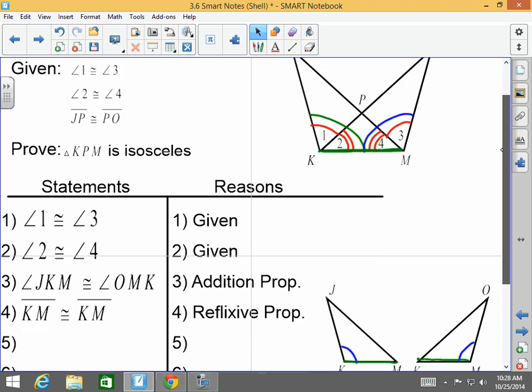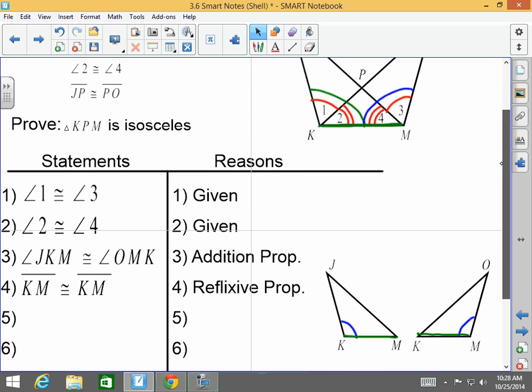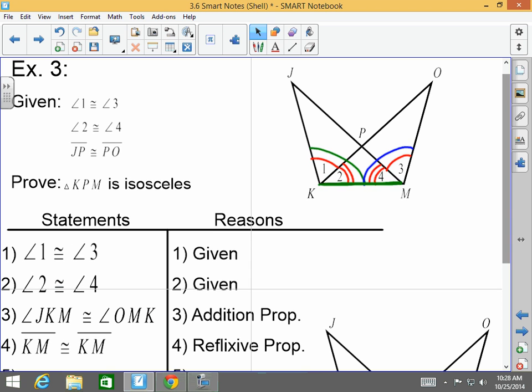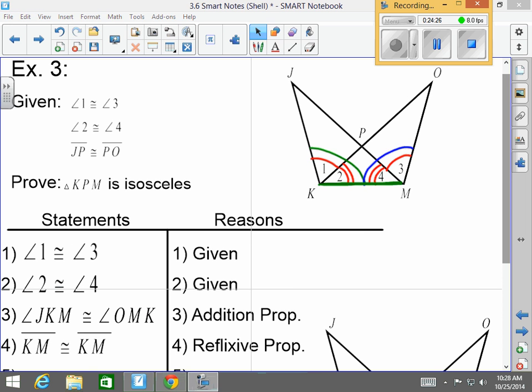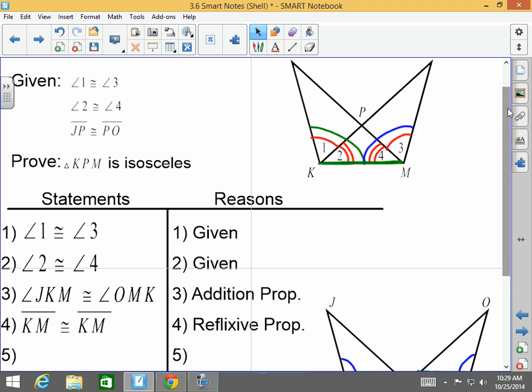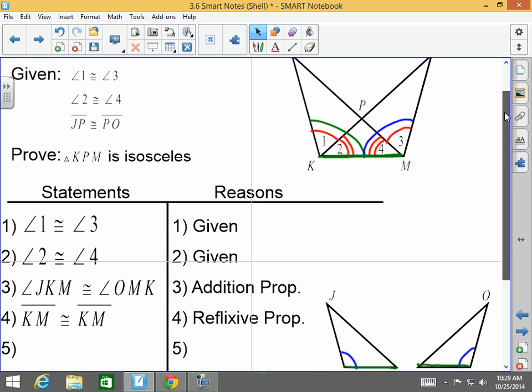Okay? Now, triangle JKM would be congruent to triangle OMK. Why? If you think about this, this may get a little confusing, but I want to try to help you with both figures.